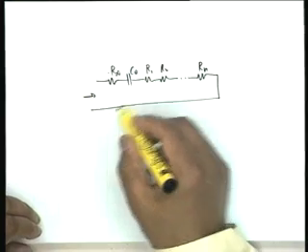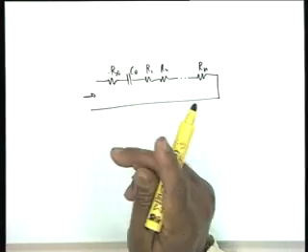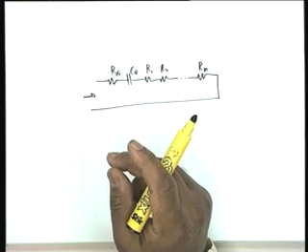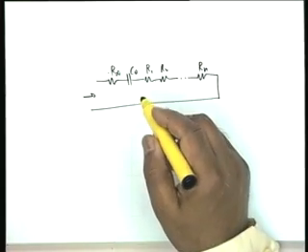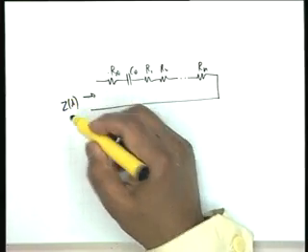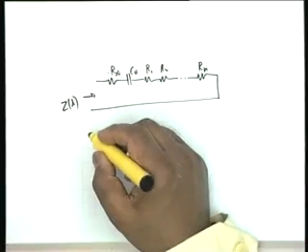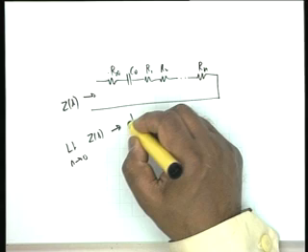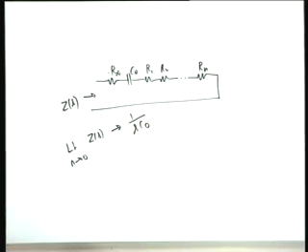So, at DC this is a series RC combination, and compared to infinity the resistances can be ignored. So, the function z of s blows up at s equal to 0, and z of s as s tends to 0 tends to 1 by s C0. In other words, it has a pole at the origin of residue 1 by C0. Is that correct? Residue is 1 by C0, not C0.